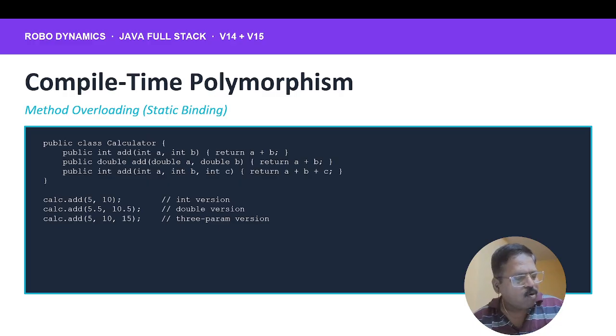You can have more than one function with the same name as long as the number of arguments are different. If you see these three functions, the number of arguments are different, right? Or the type of arguments are different. But you can't actually differentiate based on return type. That means if two functions have the same parameters but only differ by return types, the compiler cries. Got it? So this is the concept of overloading, static binding.